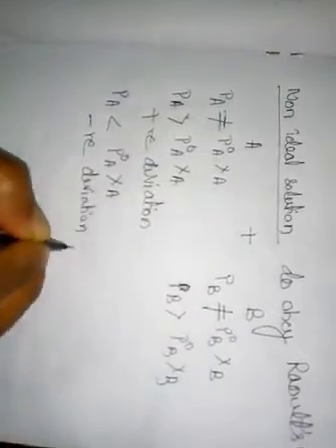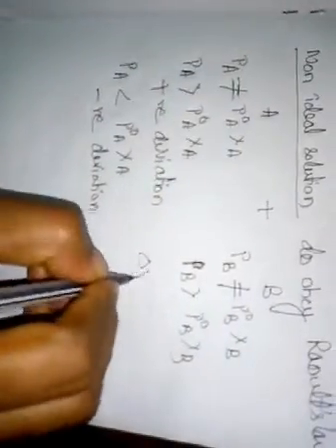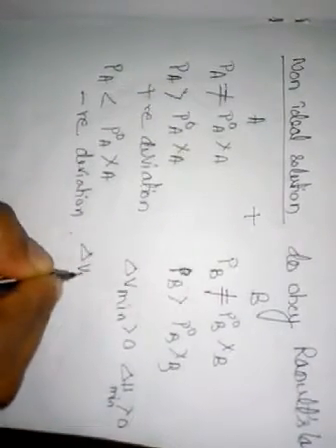Moreover, delta V mixing greater than 0, delta H mixing greater than 0 for positive deviation, delta V mixing less than 0, delta H mixing less than 0 for negative deviation.